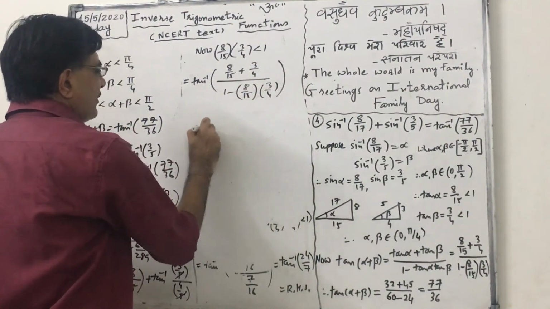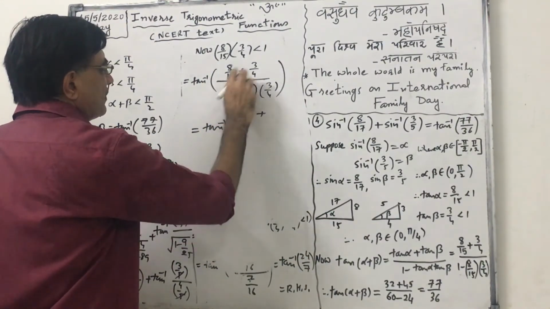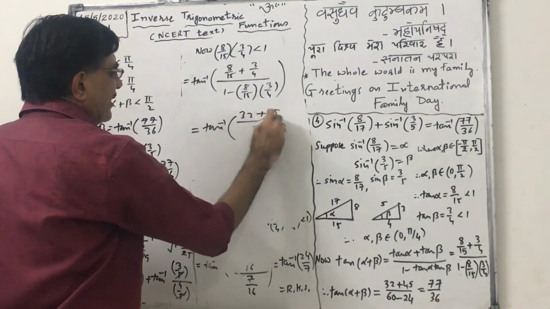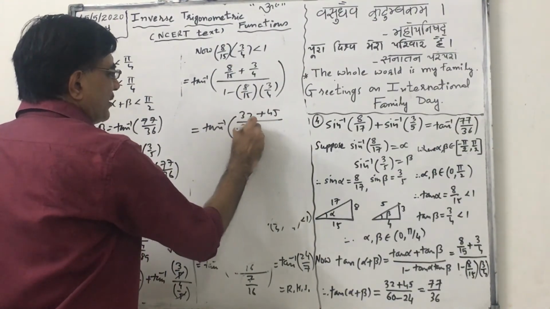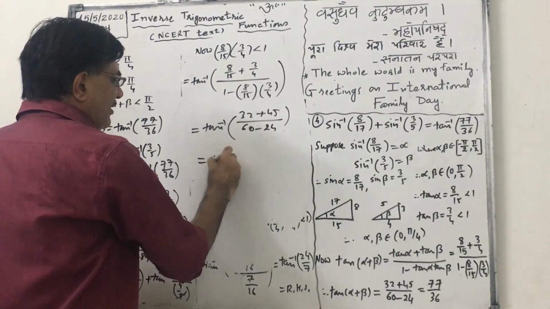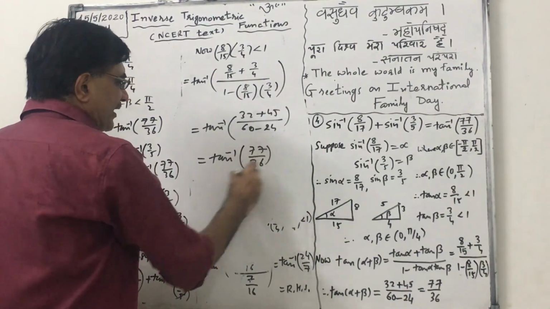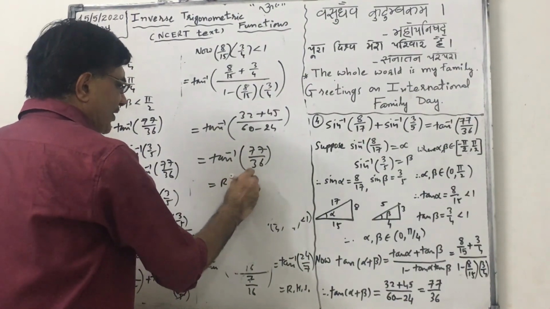So that will be equal to tan inverse of (32 plus 45) divided by (60 minus 24). Denominators will be cancelled, okay? So that will be equal to tan inverse of 77 by 36. That is equal to the right hand side. Okay? Bye.